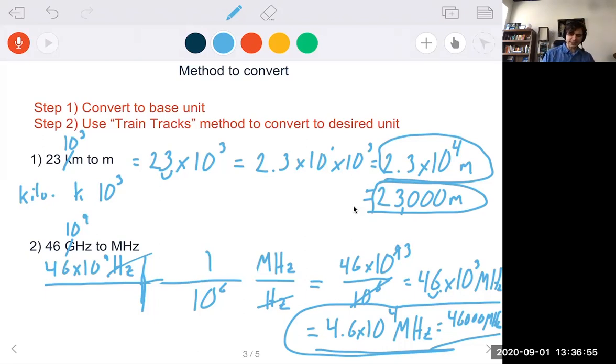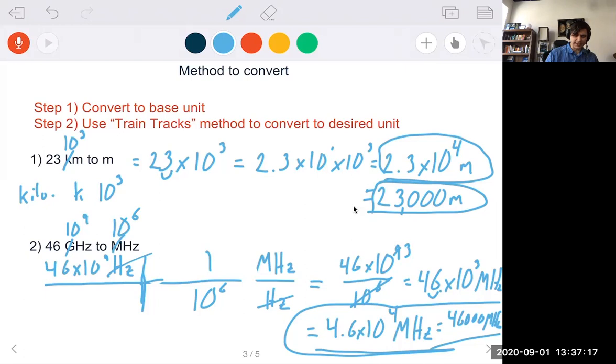Now, let's take a look at that. 46 times 10 to the 3rd. What is 10 to the 3rd larger than mega? Giga. I know that mega over here is 10 to the 6th. So there is a factor of 1,000 between these. This is 1,000 times bigger than that.